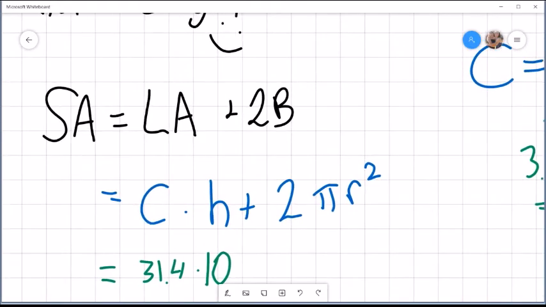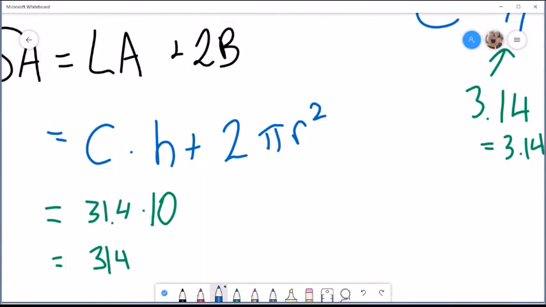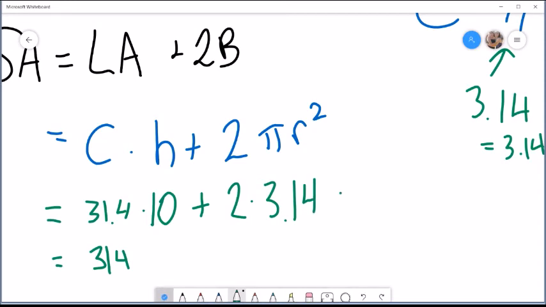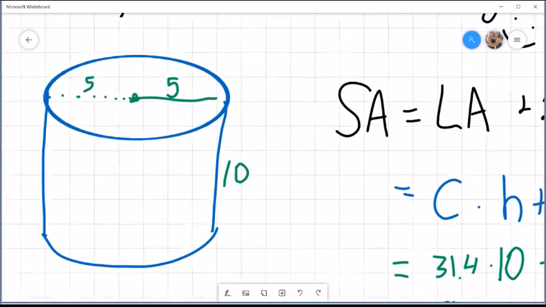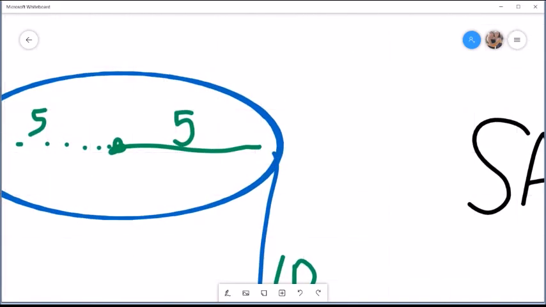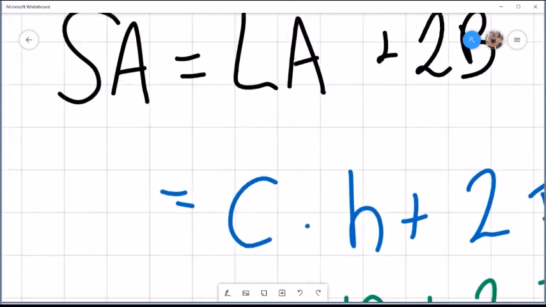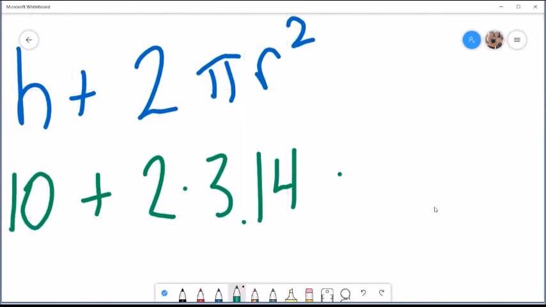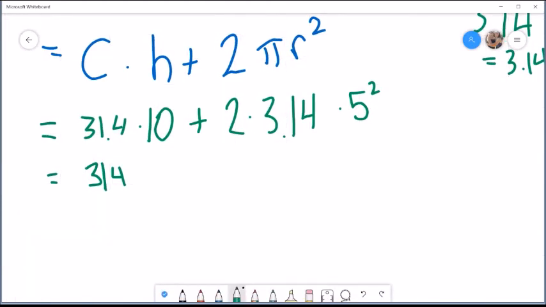So what that means is, just like before, we need to use 3.14 for pi, and we have to multiply it by the squared radius. Our radius is halfway across the circle. So in this case, it's just this distance right here, 5. So we're going to say 2 times 3.14 times 5 squared, which, if you remember, just means 5 times 5.